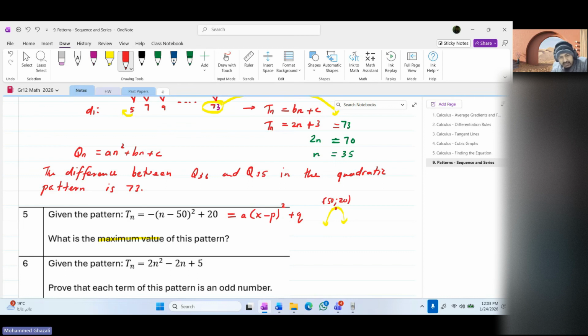So the 20 is the maximum value. So straightforward 1 mark question this was. So the maximum value of this pattern is 20, and it occurs at term 50.